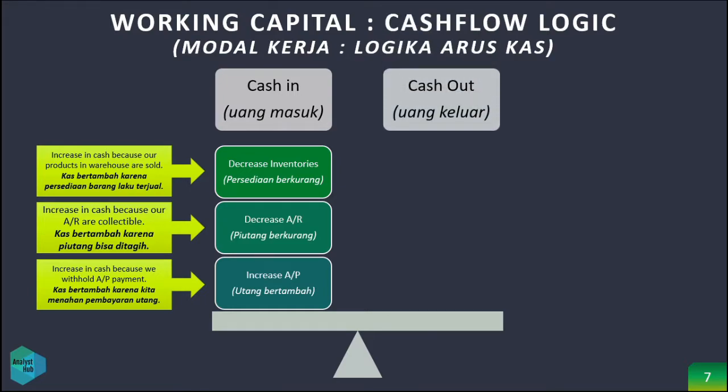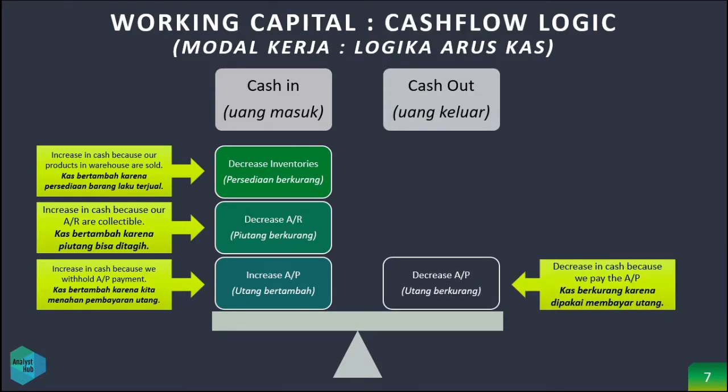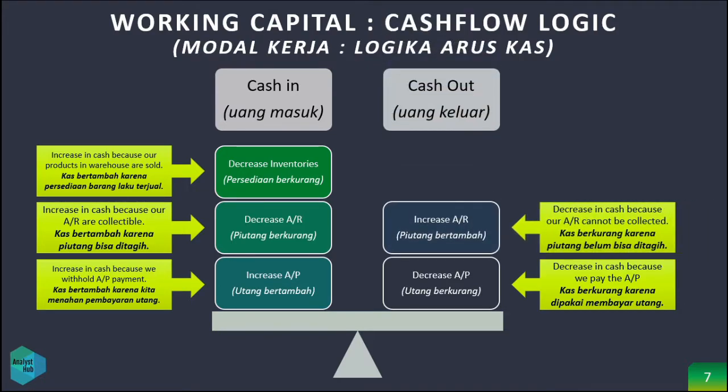Next, we move to the cash out section. If our payables have decreased, it means we use our cash to pay the loan, or cash out. If our receivables have increased, it means more of our customers prefer to buy our products but pay later. Therefore, our cash will be decreasing.